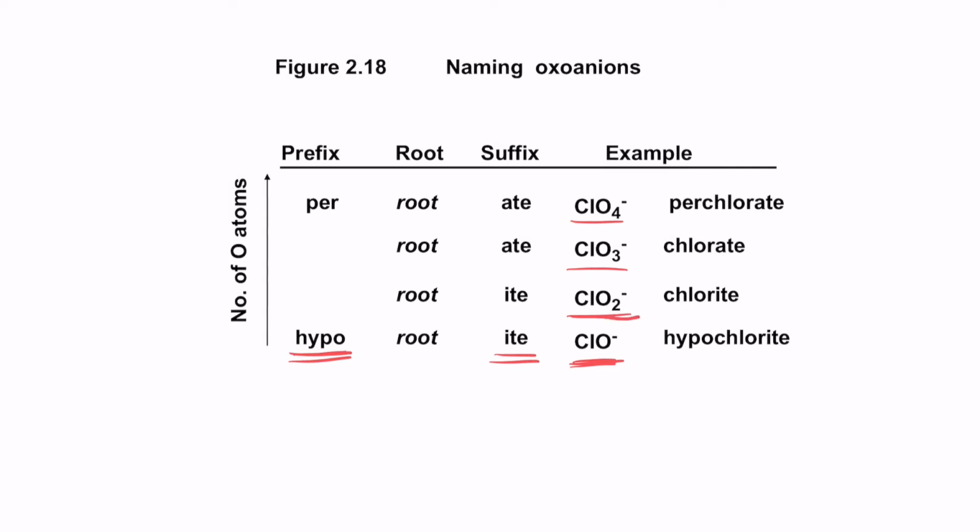ClO2 minus is chlorite, ClO3 minus is chlorate, and ClO4 minus is perchlorate. If the root word changes, for example, if it is manganese, it becomes permanganate, hypomanganate, manganite, manganate. So these are examples of where you can see per and hypo.